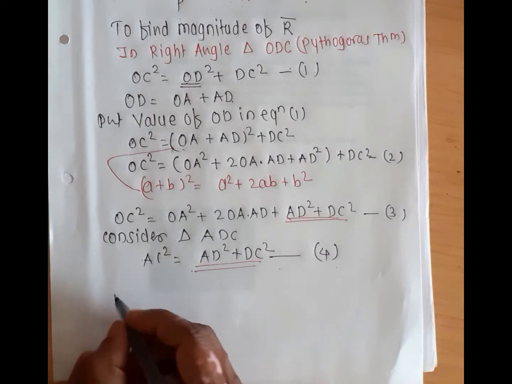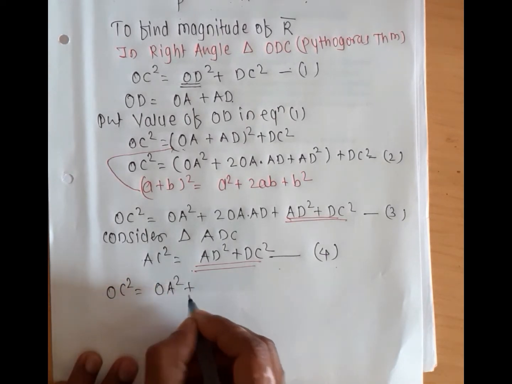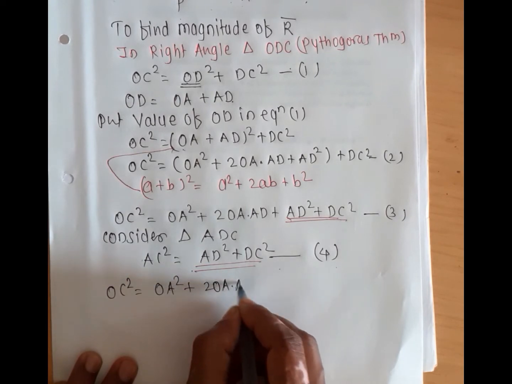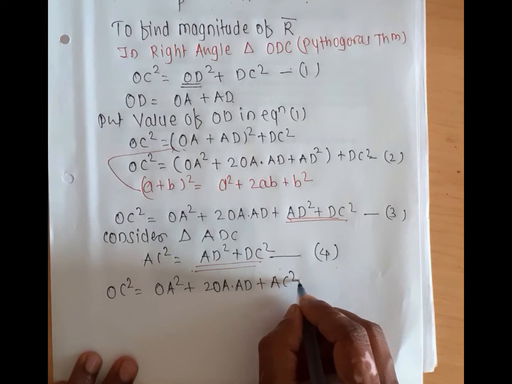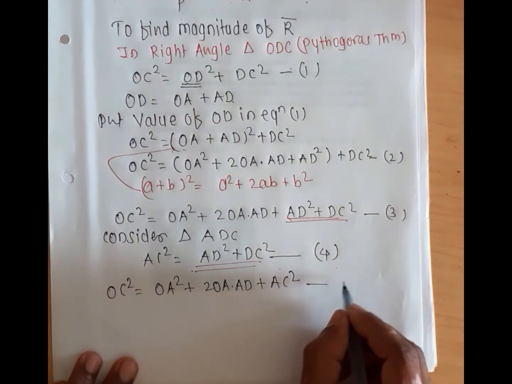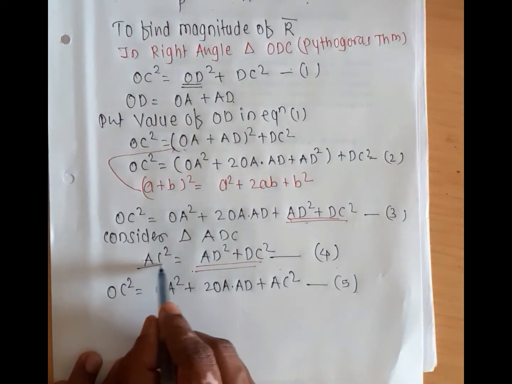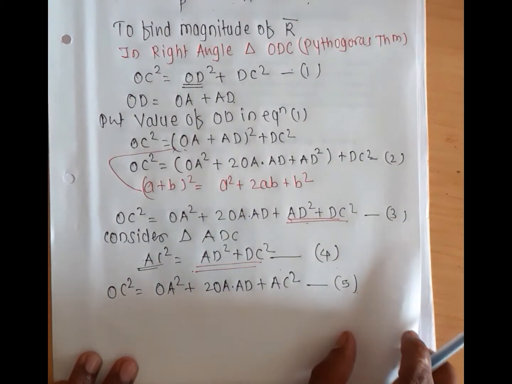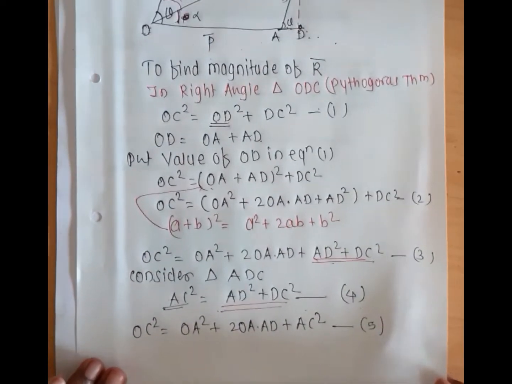So we get OC square is equal to OA square plus 2 OA into AD plus AC square. Okay, so this is equation number 5. Instead of this, we substitute this value AC and we get these equations. But you know, according to our diagram, OC is equal to what?